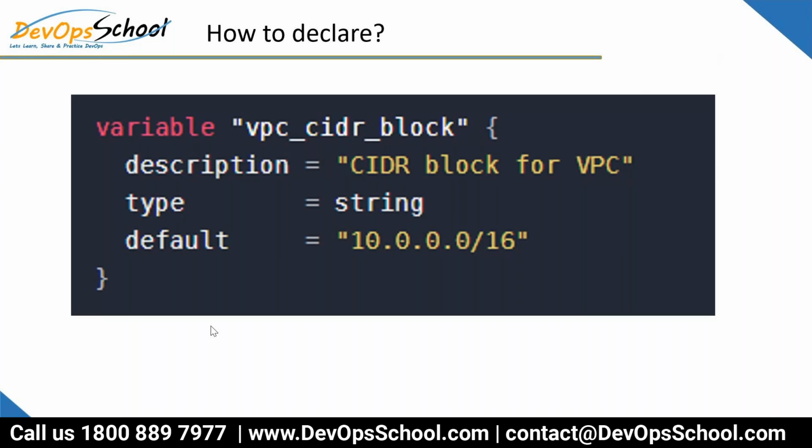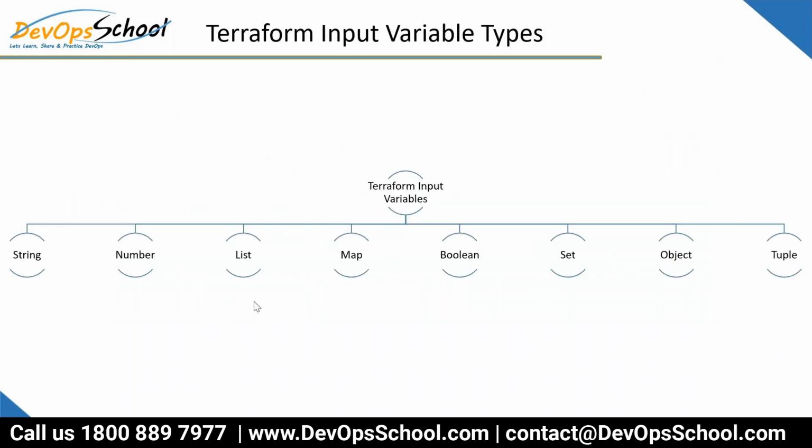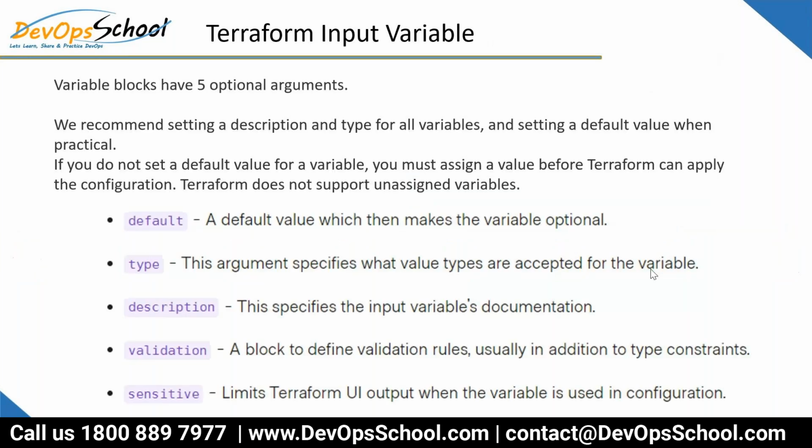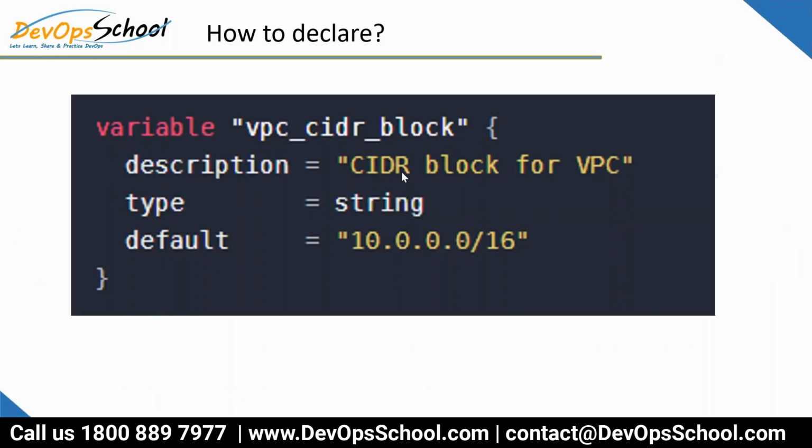String type. Here type can be int, map, boolean, list, set, object, any type. Here description you can define anything, and this is the default value. Value is not required; if you are providing it, that means you are setting up a default value. This is the way we declare variables in a Terraform file.